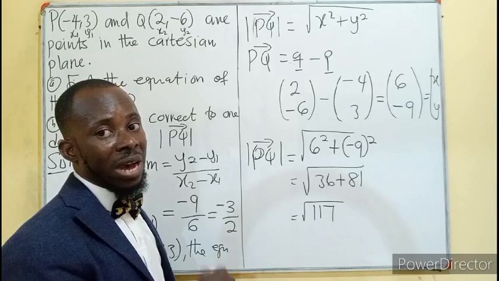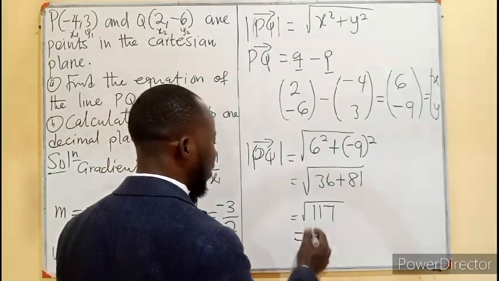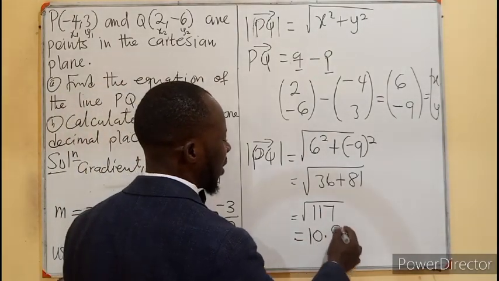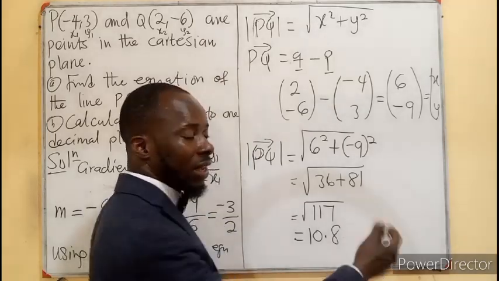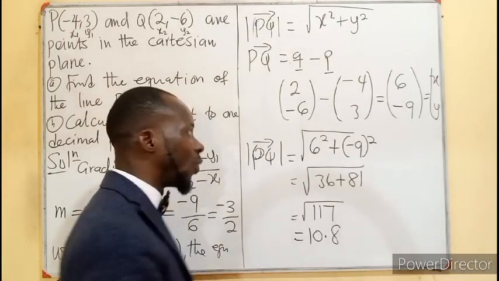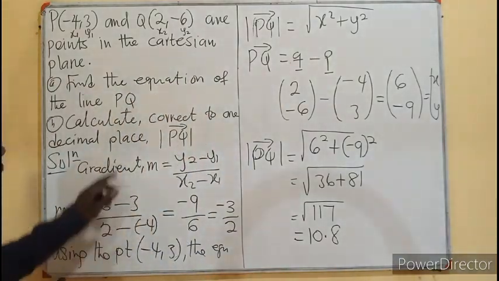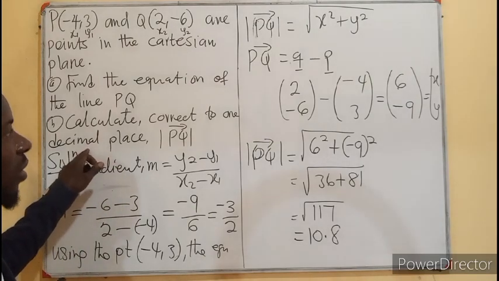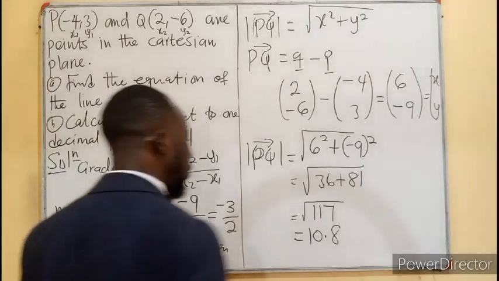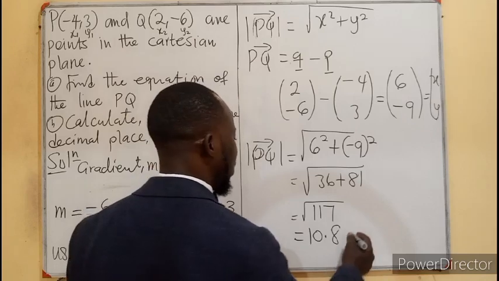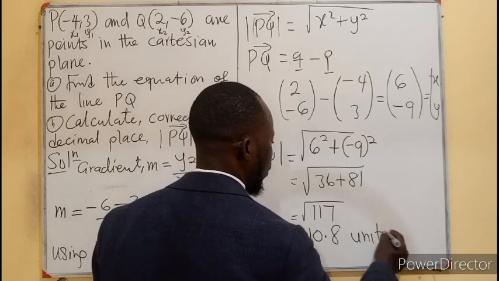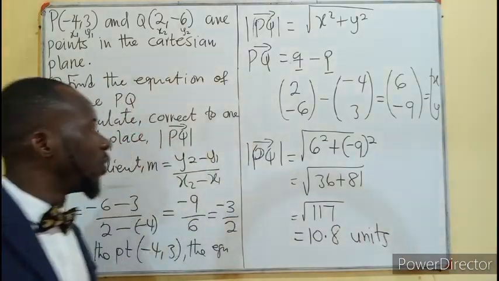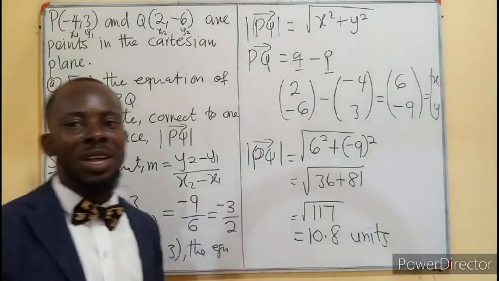And the root of 117 will give us 10.816. But the question is asking us to write in one decimal place. So this is going to be 10.8 units. So that will be the magnitude of PQ.